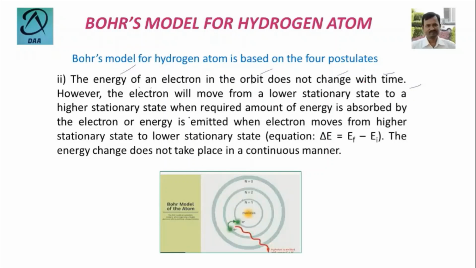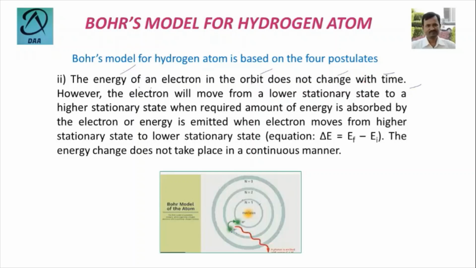However, the electron can move from a lower stationary state to a higher stationary state when the required amount of energy is absorbed. The electron needs to absorb energy to go to the higher level orbit.